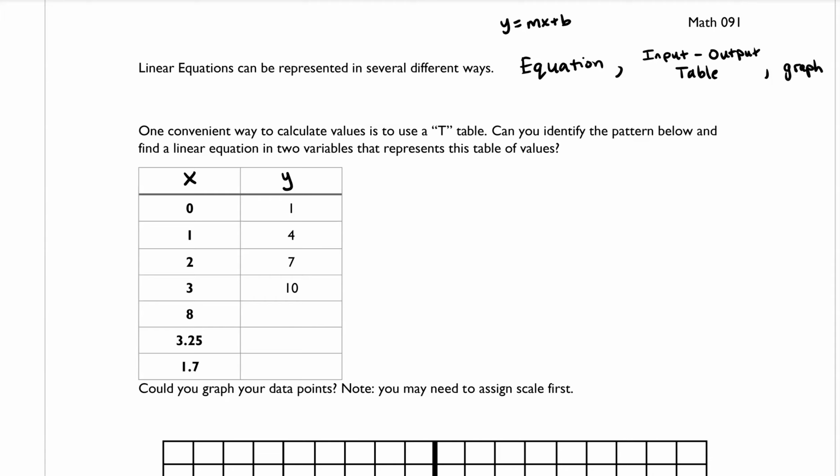So notice that as I'm increasing the x value by 1, I'm increasing the y value by 3. So hopefully you can see that pattern. As I'm adding 1 on the left side, I'm adding 3 on the right side. But notice that in this next value where I want to fill in this blank, it jumps from 3 to 8.